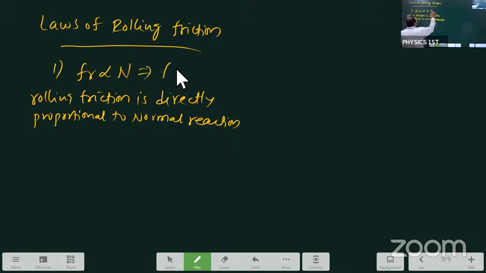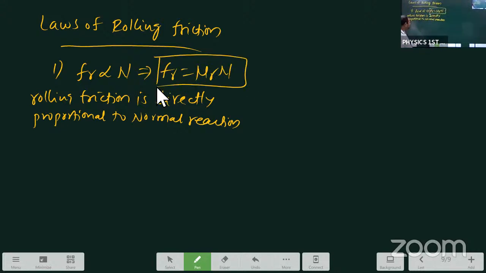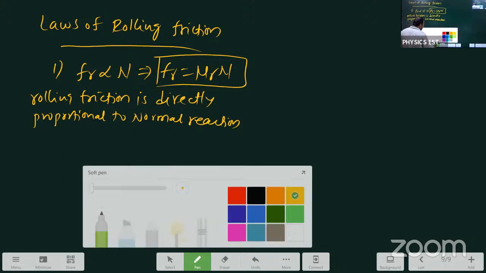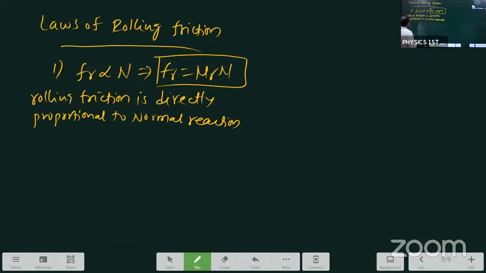Removing the proportionality, mu comes in, mu r being the rolling frictional coefficient. Frictional coefficient only, but you add the word rolling. Number 1: rolling friction is directly proportional to normal reaction. Two are enough, students. Each and every step you can get 2 marks.